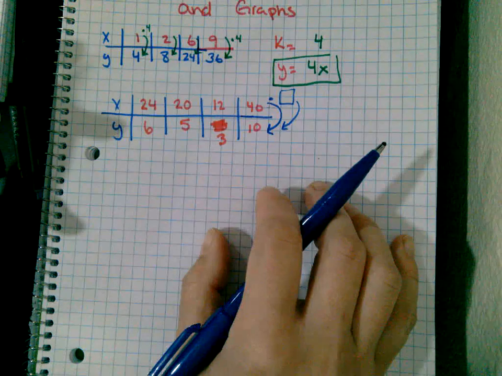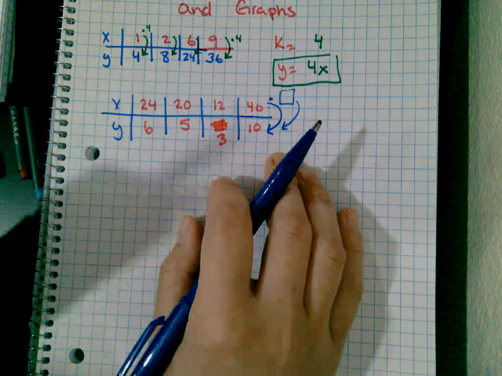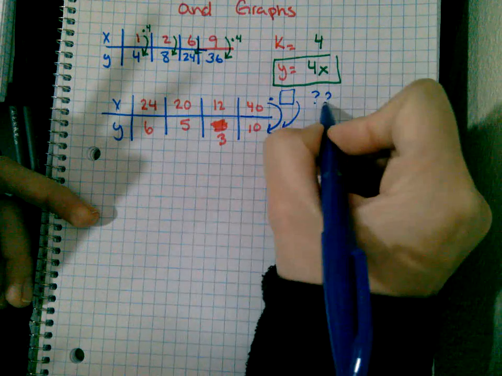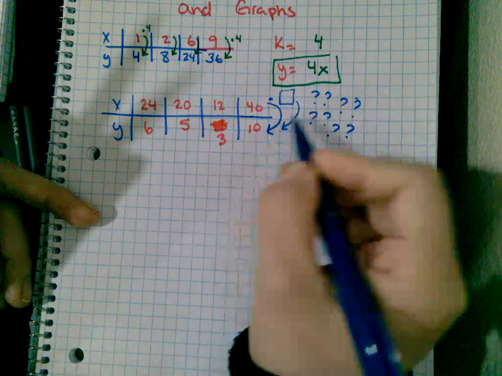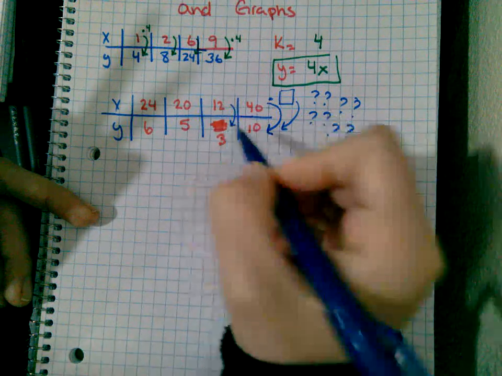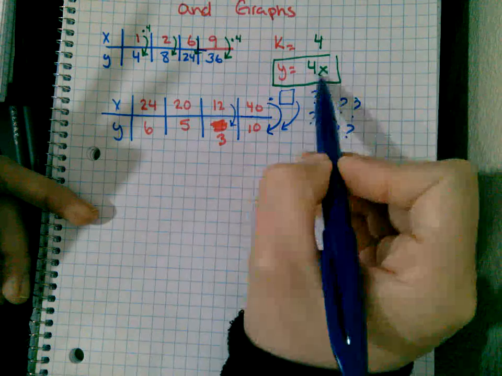Good. But what if they're funky numbers, like the next problem? So pay attention. Even though you know the answer, pay attention. What you're going to do when you're just like, I don't know what number, right? It's not 4 because we have to go in this direction, right? Nope. 12 times 4 is not 3. I can divide, but this is multiplication, right? So what do I do?